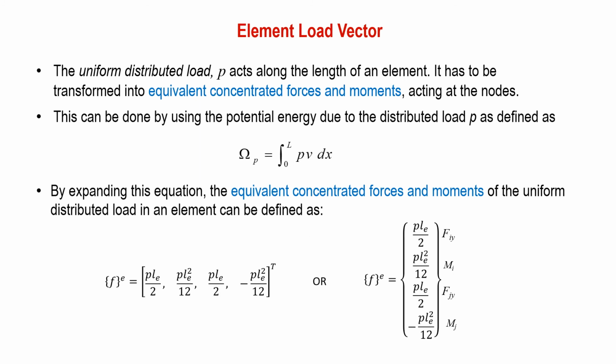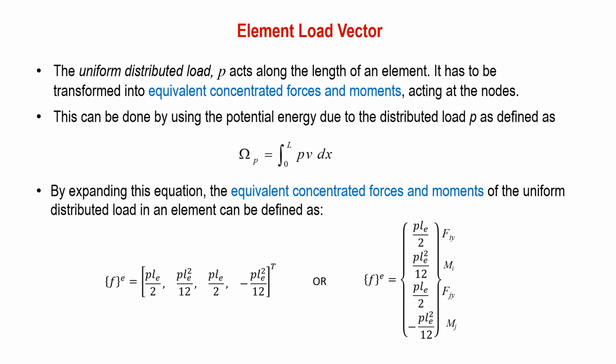As mentioned, in this chapter we're only going to discuss three types of loads: point loads, concentrated moments, as well as uniformly distributed loads. For the point load and concentrated moment, it's very simple. We can just simply apply them in our analysis.